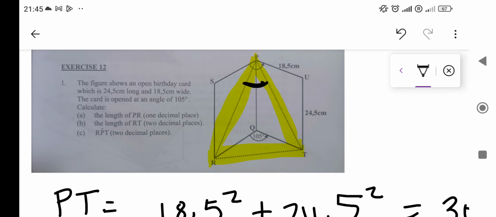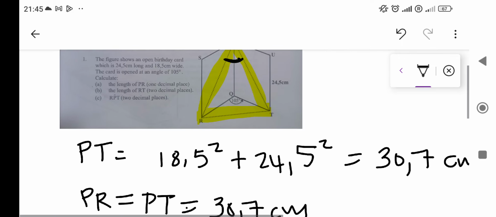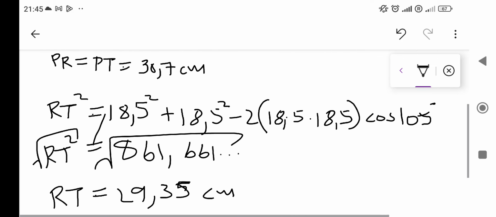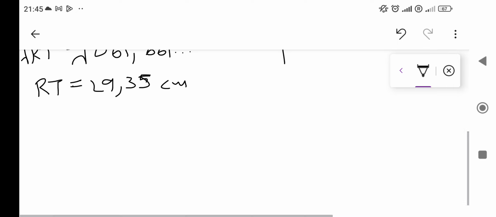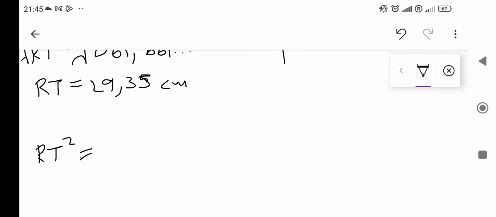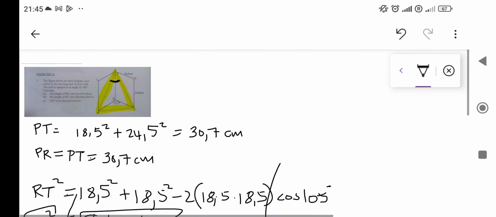So again, that is going to be our cos rule. Okay, so let's go and fill all of our values in. Okay, so we will say RT squared again, this time. Is going to equal to, let's just go look at our picture again quickly.